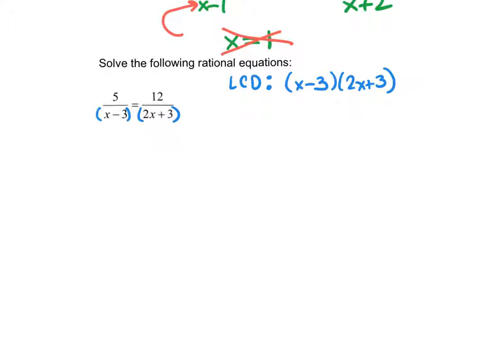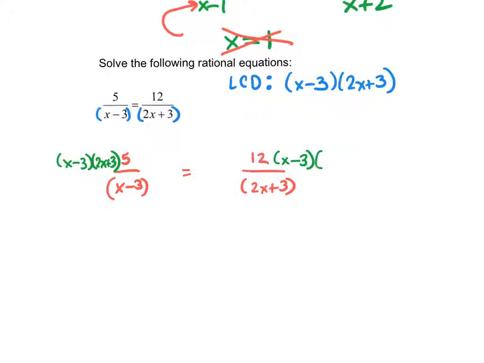Now I'm going to multiply this to all of the terms, which there are only 2 in this case, and see what happens. My original equation is 5x minus 3 equals 12 over 2x plus 3. I'm going to multiply that LCD, and we always multiply it to all the terms. If there were 3 terms, I'd multiply it to all 3. If there were 4 terms, I'd multiply it to all 4.